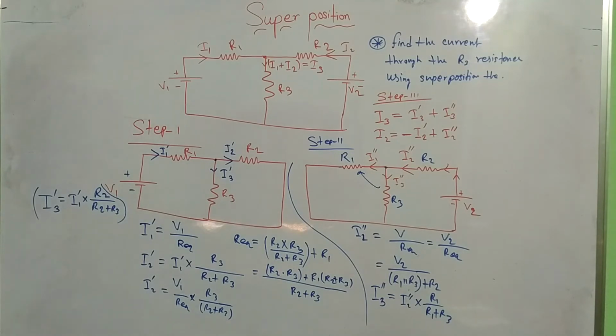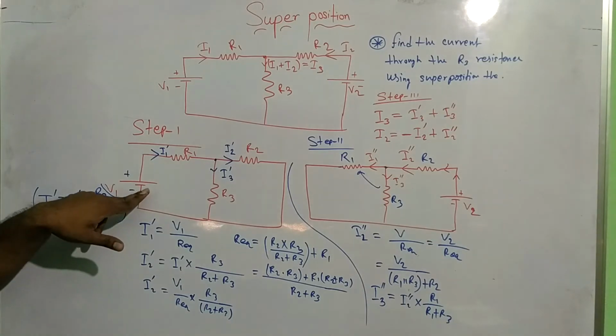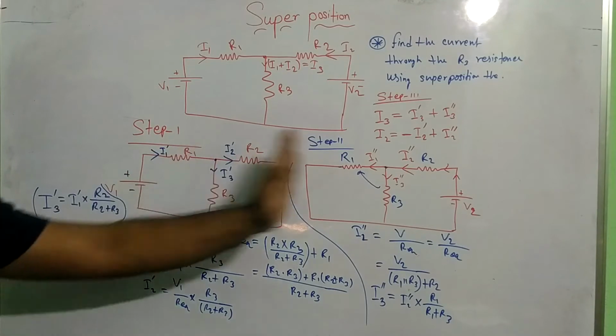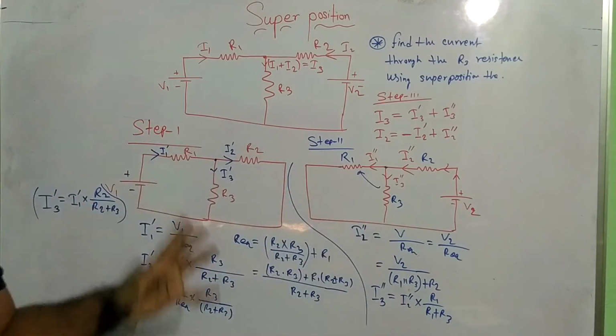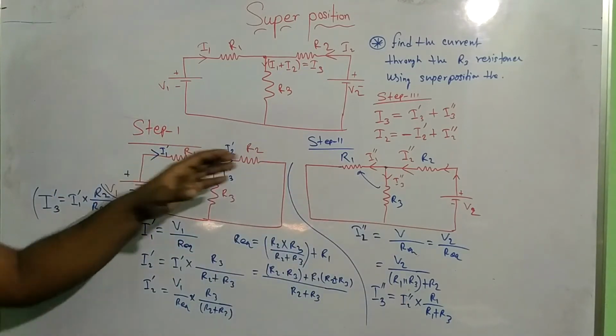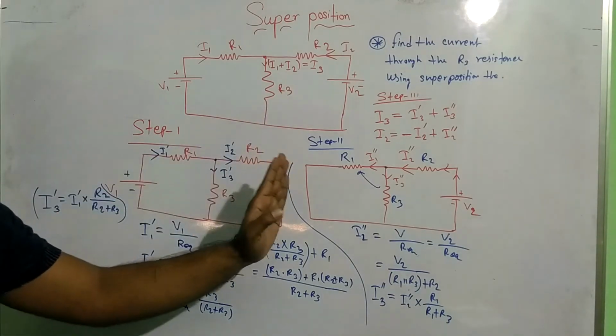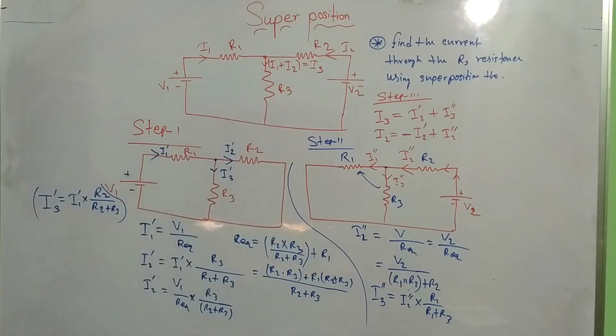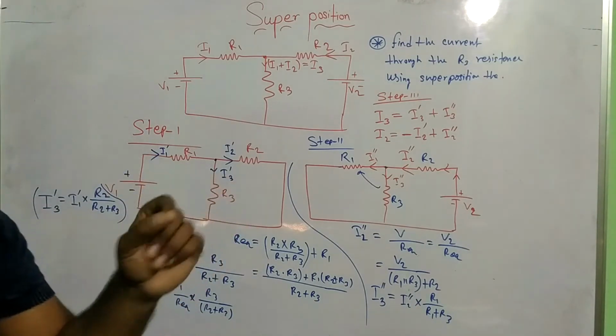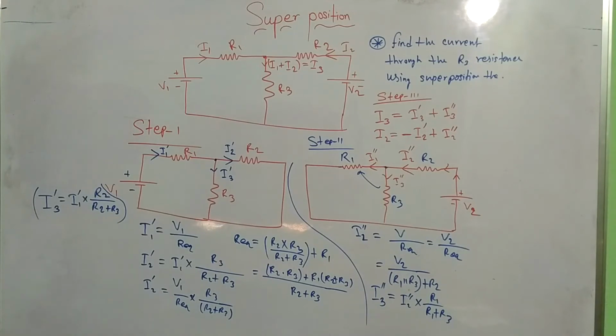In step 1, I am taking only one source and the other sources remain open or short circuited. When taking one source only, the remaining sources are short circuited or open circuited. If the remaining sources are voltage sources, then short circuited, and if the remaining sources are current sources, then open circuited.